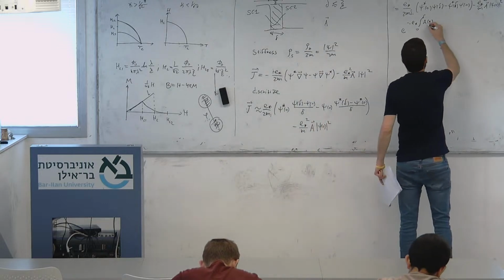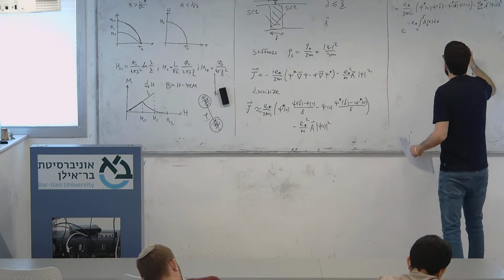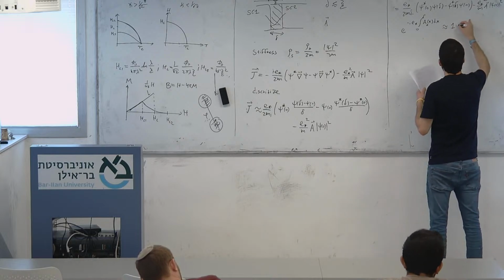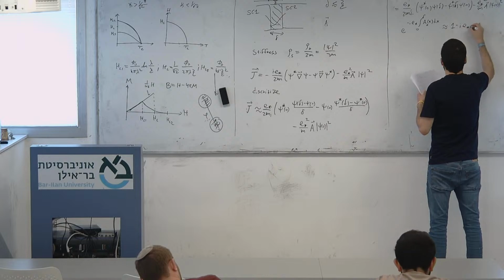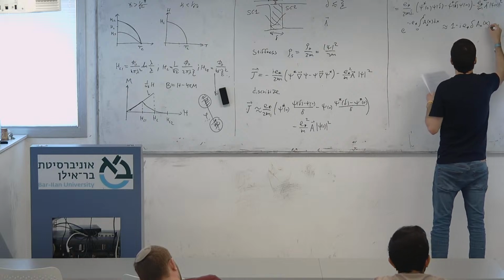So let's write A_x dx. This thing is 1 minus i e star delta times A_x of x.